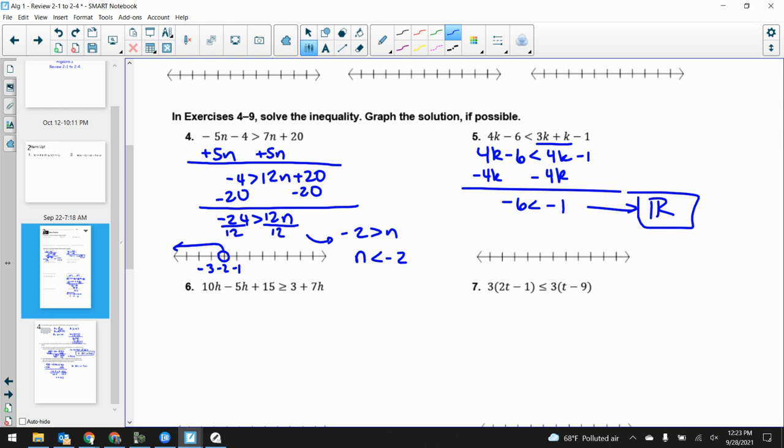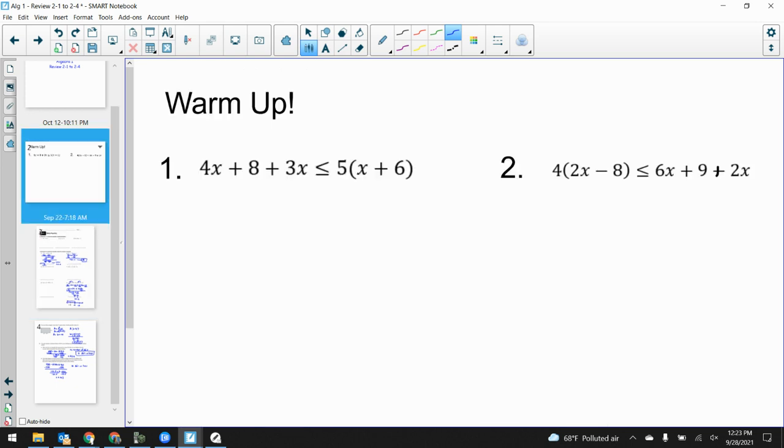Questions about that? Okay, let me jump to the warm-up real quick. We'll do these 2 problems. All right. Combine like terms here with the 4x and the 3x to make 7x. Distribute the 5 to get a 5x plus 30.